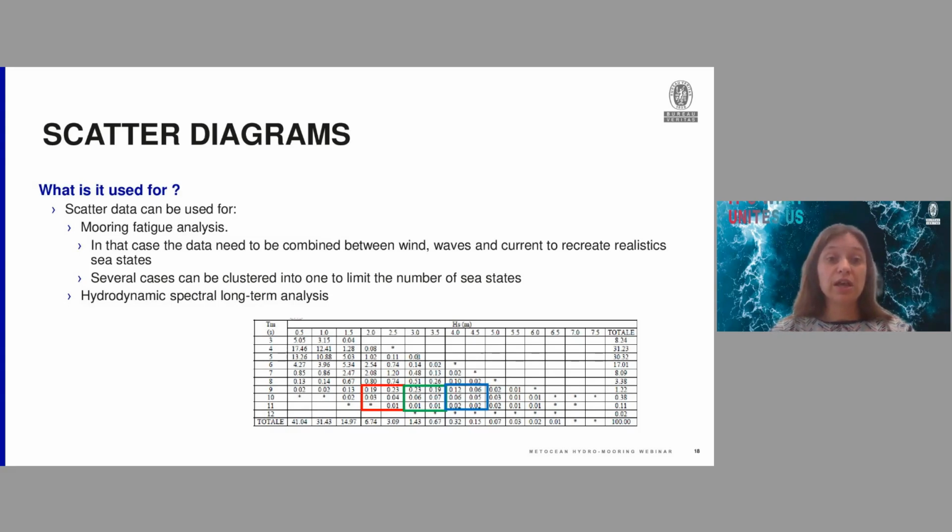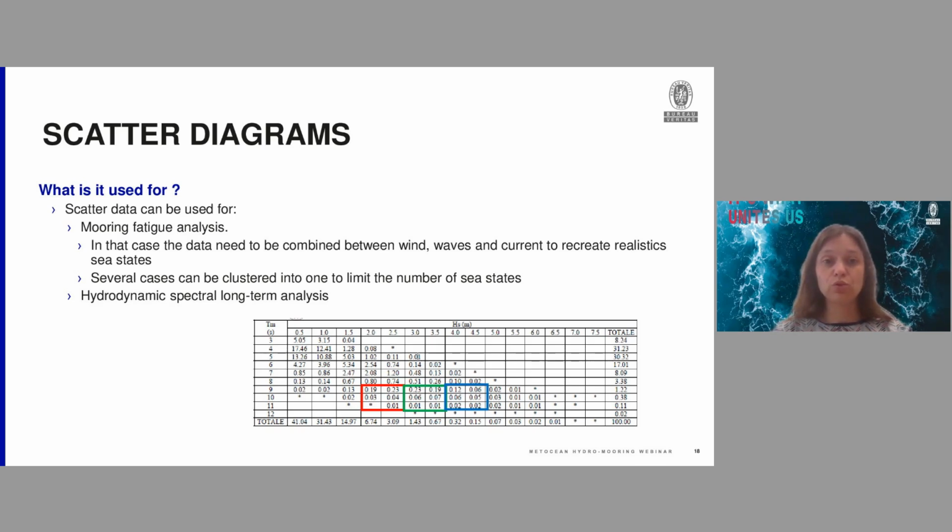So the scatter diagrams can be used for the same kind of study as in-cast data. It is the same data, just represented in another way. The difference is that when you have scatter diagrams, you don't have the correlation between wind, waves and currents.